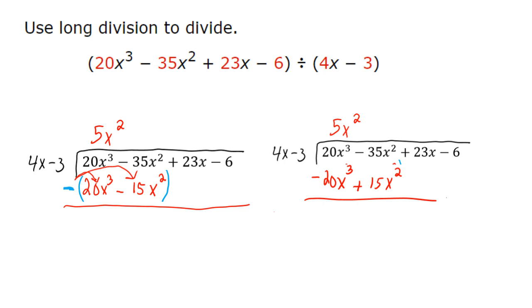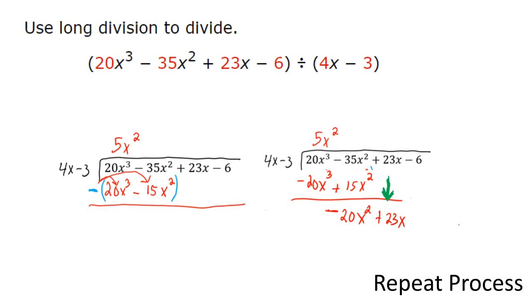So now I can add the two polynomials. I add 20x cubed minus 35x squared with this negative 20x cubed plus 15x squared. So 20x cubed minus 20x cubed is 0, and minus 35x squared plus 15x squared is a negative 20x squared. Okay, that was what was left over of my subtraction.